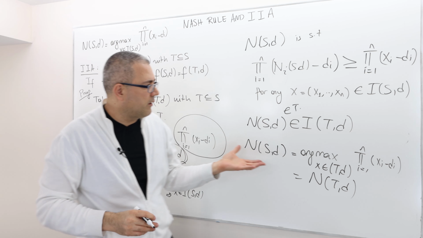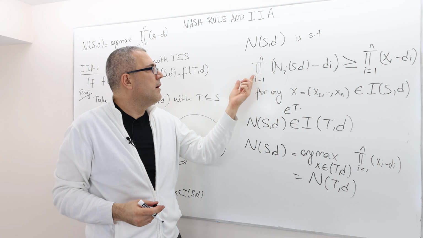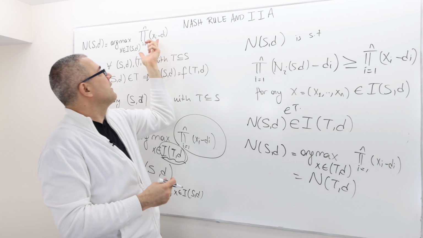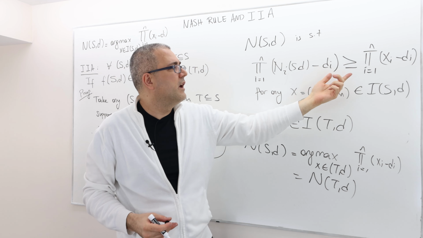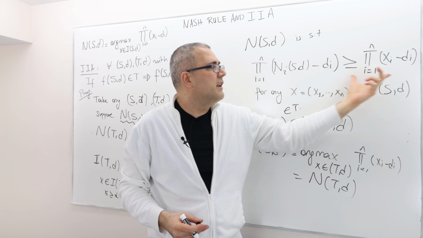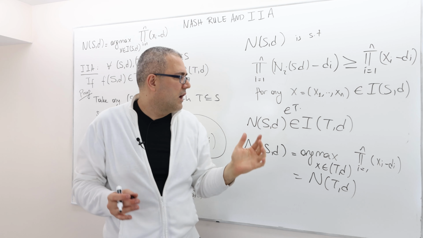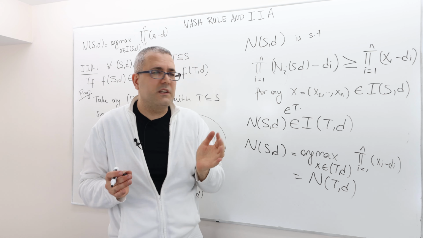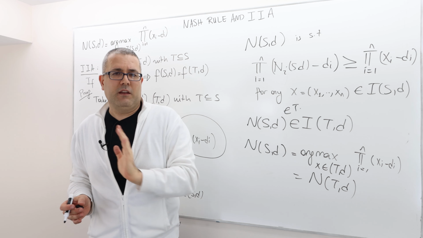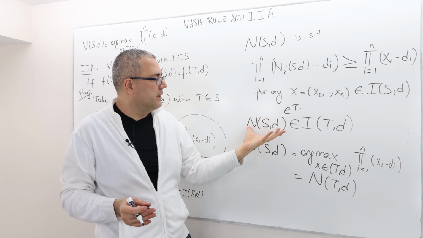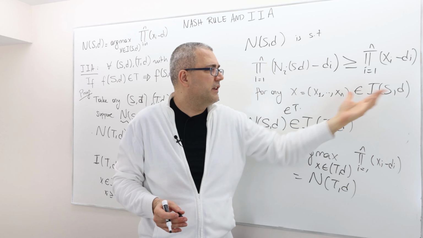Once again, how did I deduce this? Remember, this payoff vector maximizes this multiplication, which means this multiplication takes a higher value than this multiplication for any other x in the set. Now I am concerned about a smaller set. So basically this payoff vector beats every other payoff vector in this set.